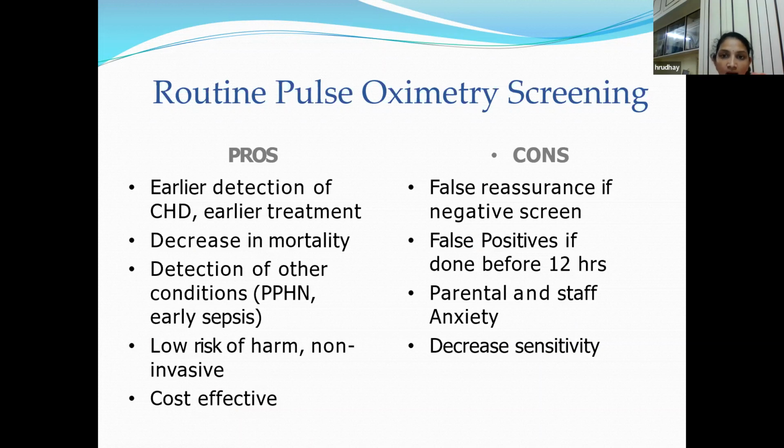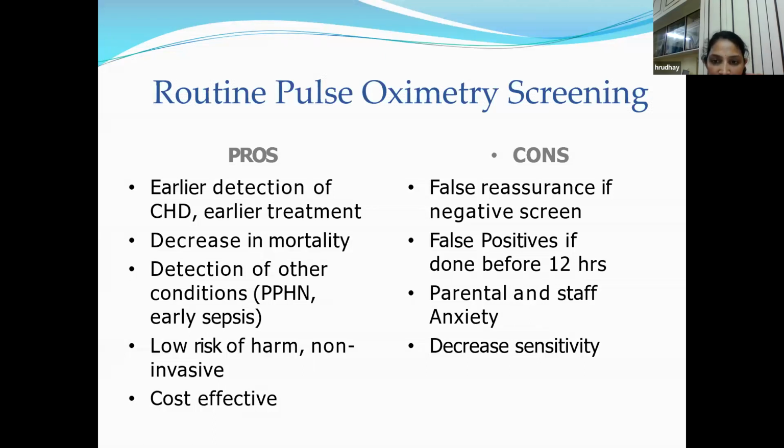What are the cons? False reassurance if the screen is negative. If the screen is negative and the baby still has a congenital heart disease, false reassurance can be given. False positives are seen if the screen is done within 12 hours of life. There is parental and staff anxiety, and if it is a false positive, we need to get an echocardiography unnecessarily.